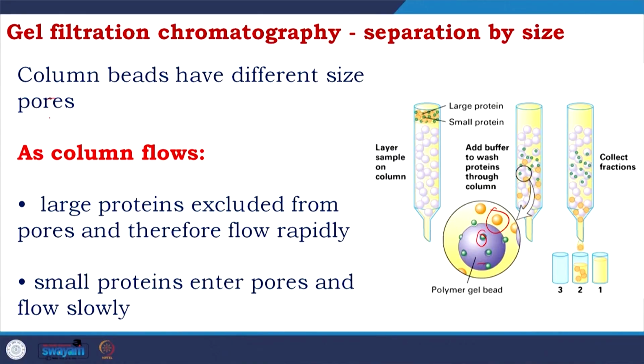But if you are fat enough that you could not enter the pipe, then you are allowed not to go into the pipe. So, in most of such cases, people who are overweight, they finish first. That happens in size exclusion chromatography or gel filtration chromatography. The large protein is excluded from pores and therefore flows rapidly. Small proteins enter pores and flow slowly.